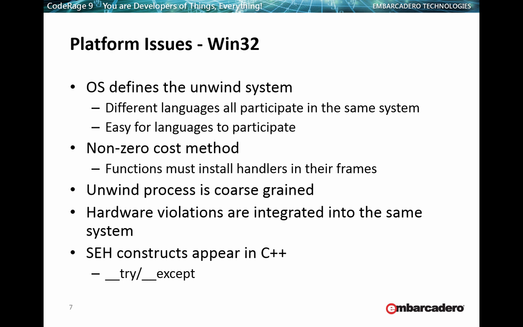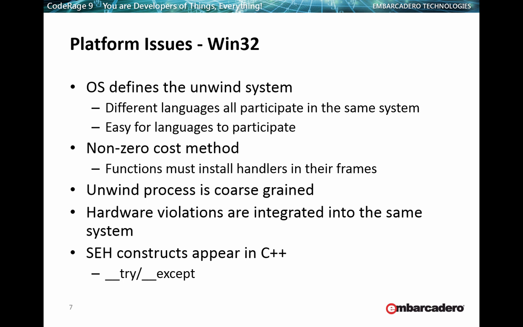So within the exception handling implementations, there are really two basic kinds. One is the non-zero cost method, where any function that wants to catch an exception has to make essentially API calls to say that the function is interested in exceptions, has to install a handler. Setjmp implementations are like this, and the Windows system is like this too.